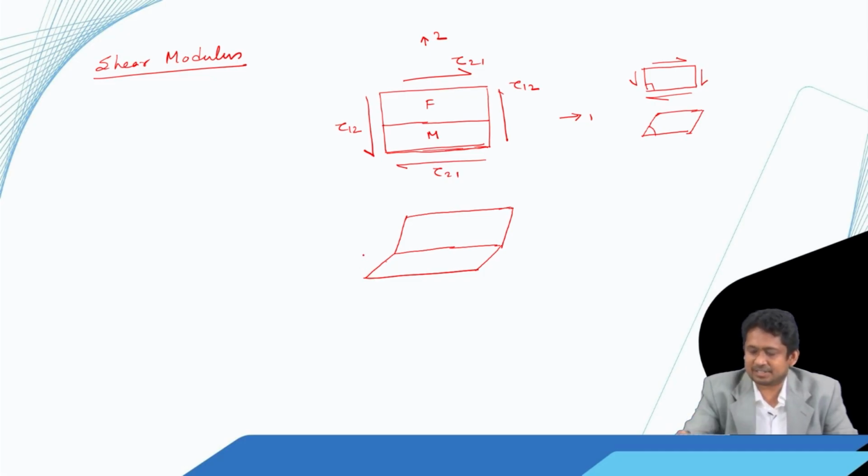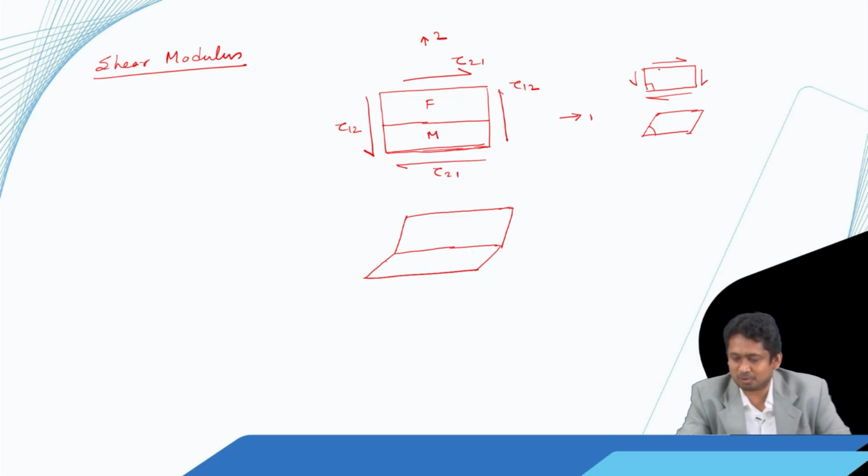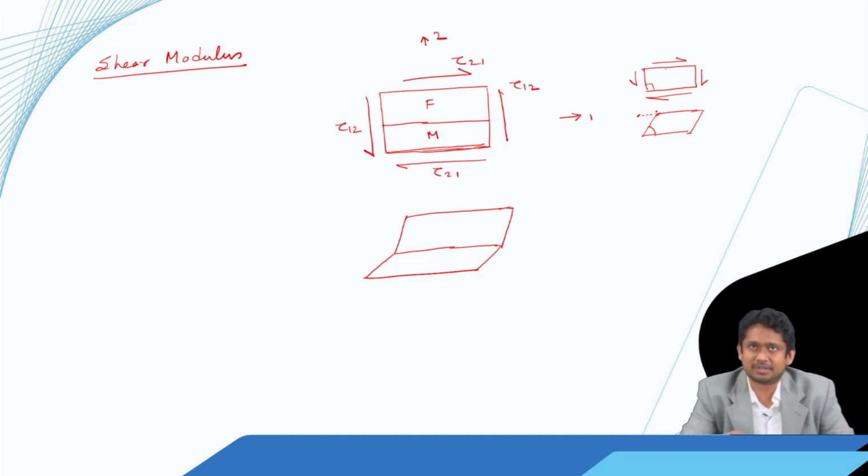So, the end effect is that the point which was initially here has moved to here. Similarly, if I look at this point, initially it would have been somewhere here and it has moved here.